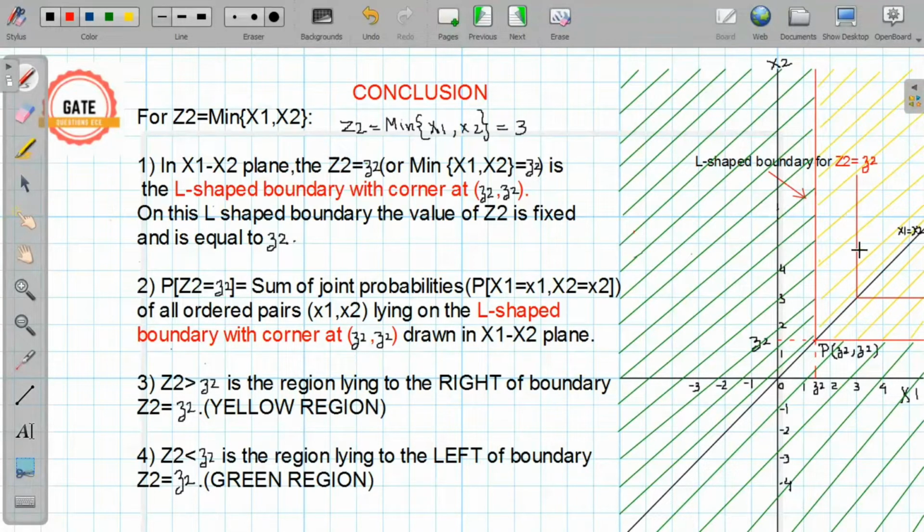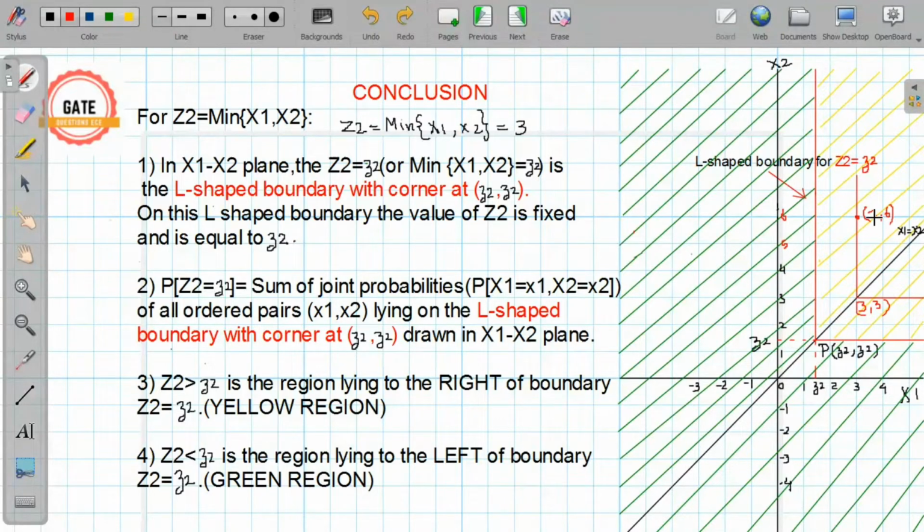If we take any point on this boundary with corner at 3, 3, you can see that on this boundary Z2 will be equal to 3. For example, if I take a point here, it will be 3, 6. Here it is 5, here it is 6. So this point is 3, 6.